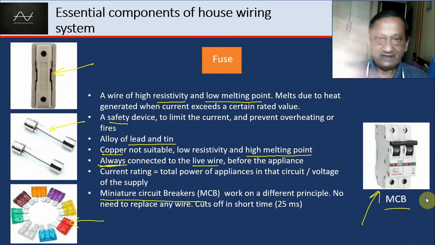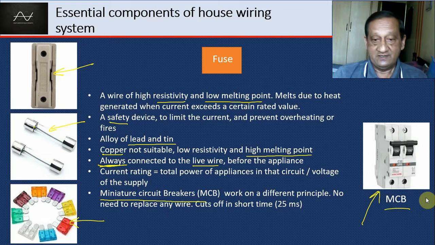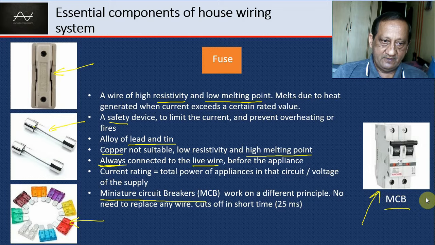So once you have attended to the problem as to why there was this high load and why the current exceeded the value, first you investigate, rectify that, and then when you want to resume the supply, just bring it back. You don't have to replace any wires. Miniature circuit breakers. But don't ever fiddle with fuse wires or circuit breakers. They are very, very important safety devices.